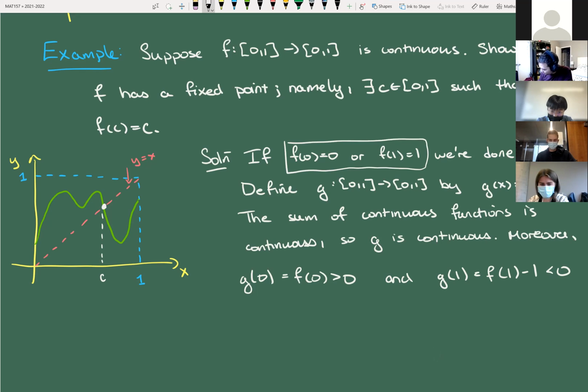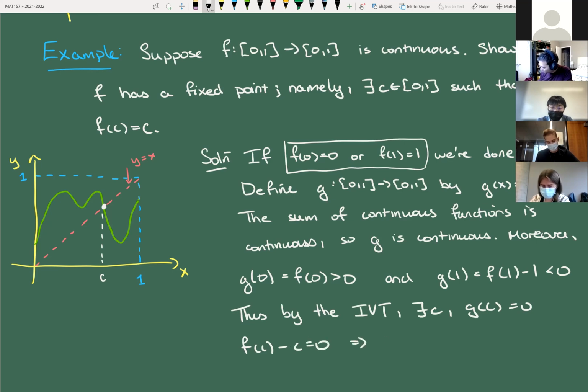So these are strict. Thus, by the IVT, and if you want to say IVT, you can, there exists a c such that g of c is equal to 0, but that's the same thing as f of c minus c equals 0, or f of c equals c, right? And so we're done.